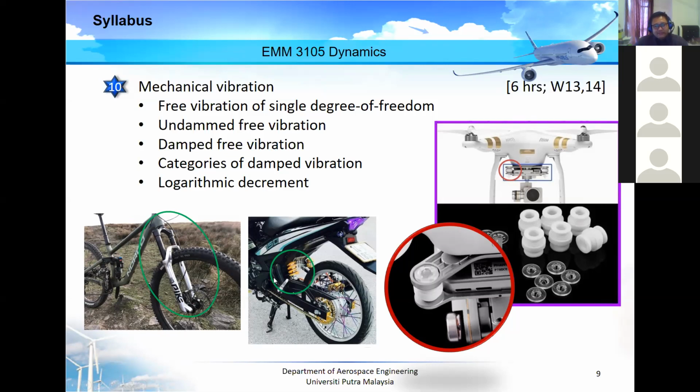Similarly, for the motorbike here, we also have this shock absorber, and this one we call the monoshock, because mono stands for one. Only one shock absorber at the back to absorb some amount of vibration.